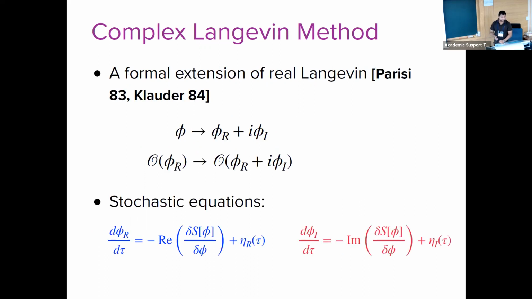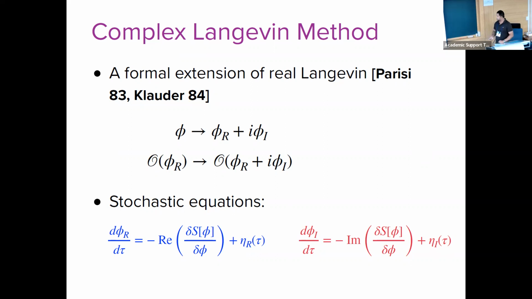Now let's go to complex Langevin, from real Langevin to complex Langevin. It is a formal extension of real Langevin. It was introduced by Parisi in '83 and Klauder in '84. The idea is very simple: just extend the real field phi into a complexified field, so it has a real component and an imaginary component. So just double the degrees of freedom.